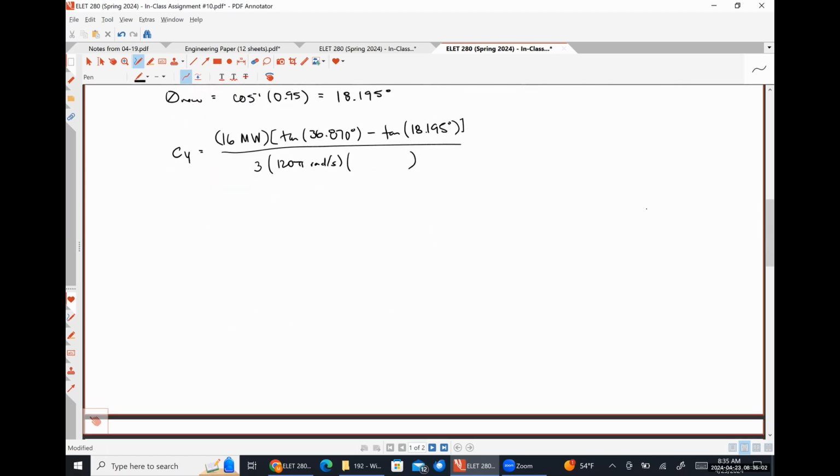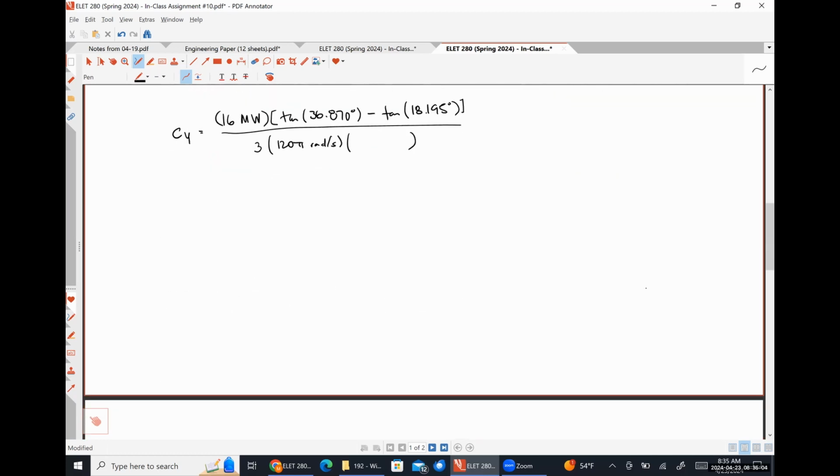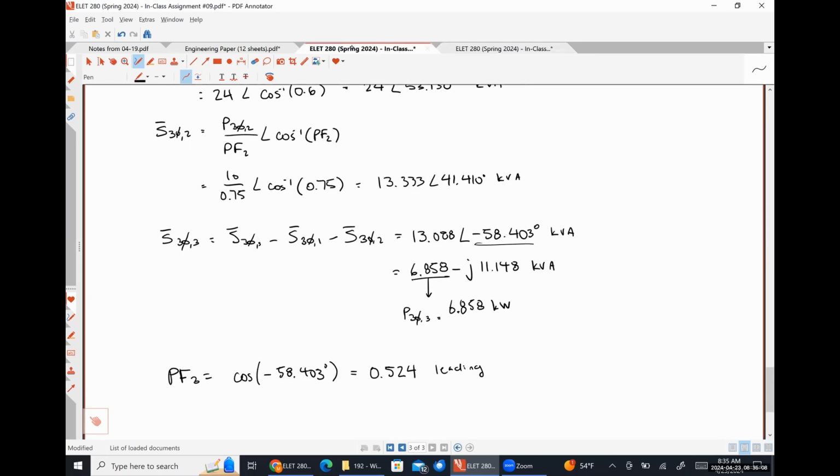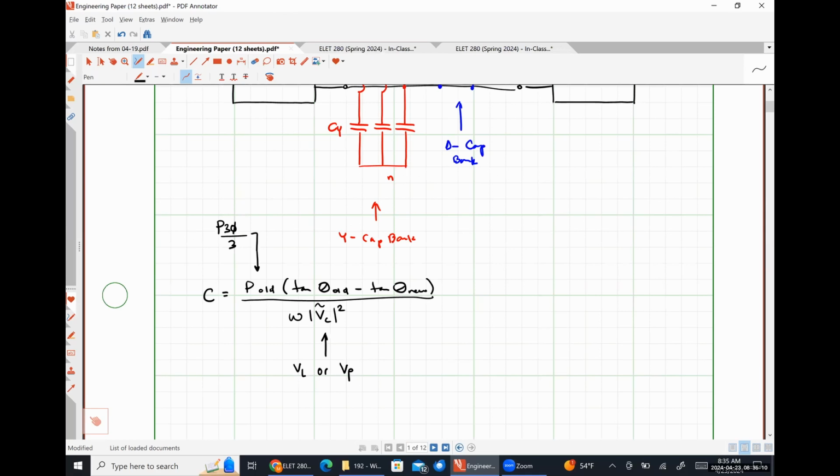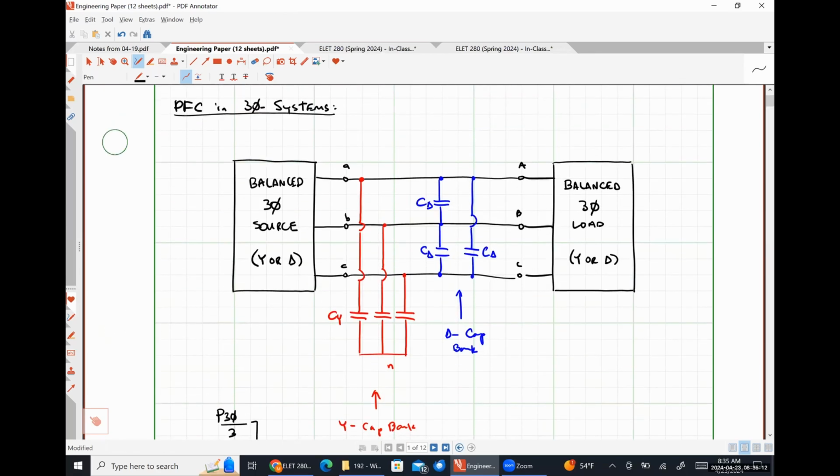Let me go back to the picture that I've already drawn right here. We're talking about our Y-connected capacitor bank. We were given the line voltage, which is measured between the transmission line terminals.